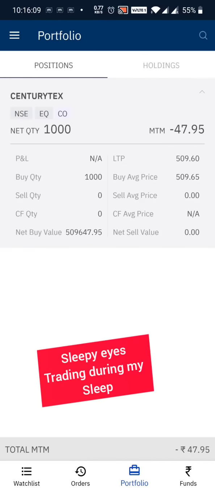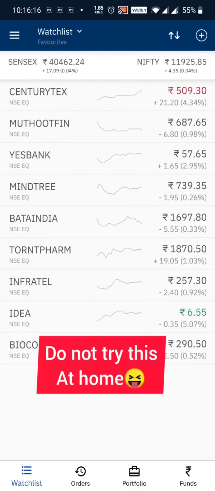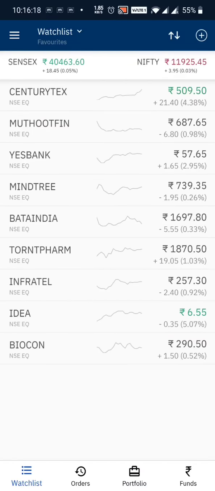So I just took a quick trade in Century Textiles. The market is neutral, if you see 0.04%, and it is trading within the range.